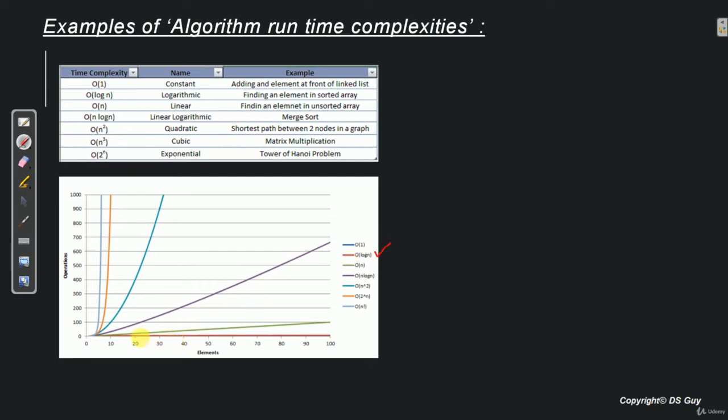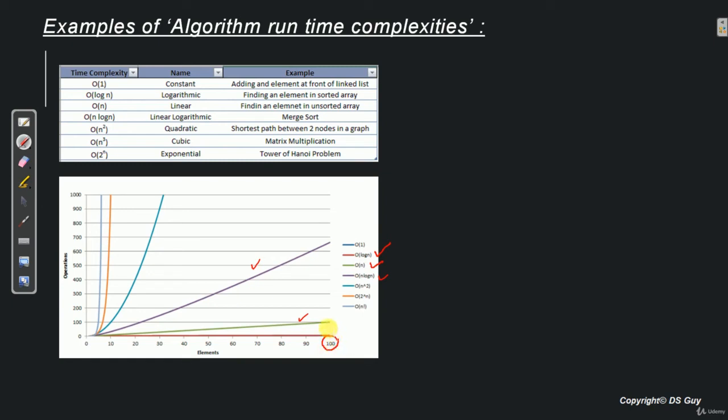Now if we go to the second time complexity, it is order log of n. So we see that log n is represented with a red line over here. Similarly, order of n is this line over here represented in green. Order n log n is represented with purple, and so on. Now as we can see, order of log n, that is the red line, takes so few operations for performing 100 elements.